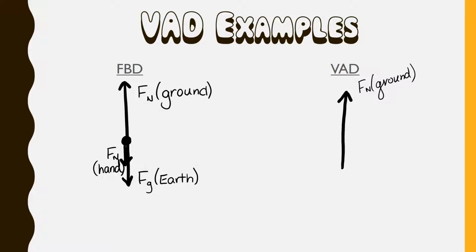And then I have two downward arrows this time. One of those downward arrows is the normal force from your hand, and then the other downward arrow is the gravitational force from Earth. And you notice that I ended up drawing that arrow where I began in drawing my normal force from the ground. That shows that this free body diagram was balanced.